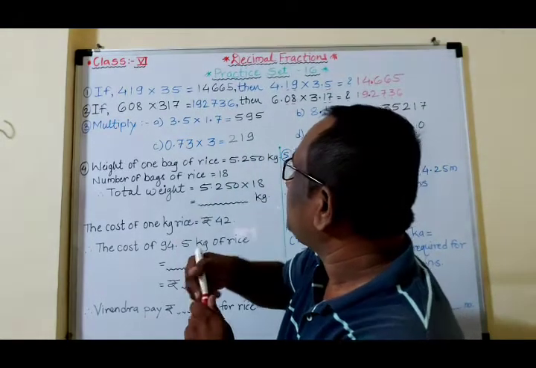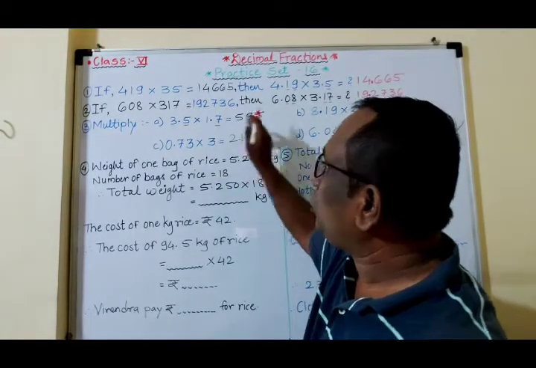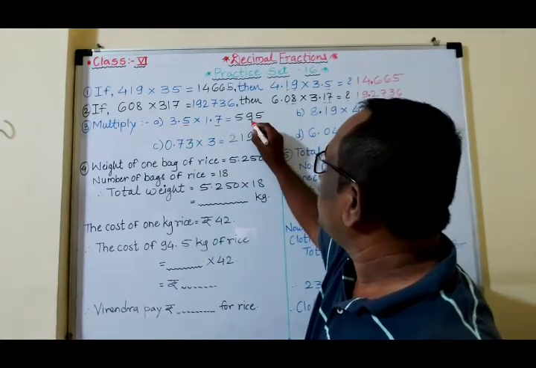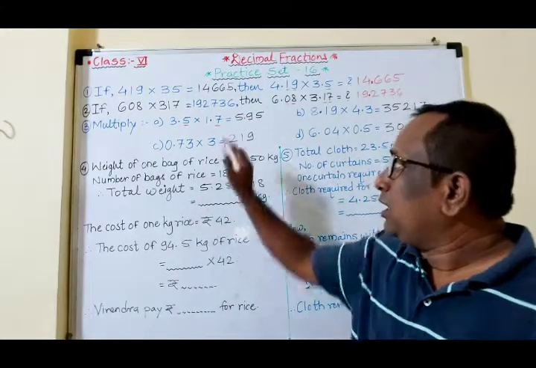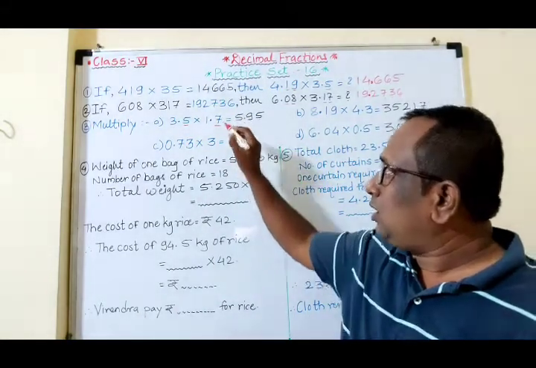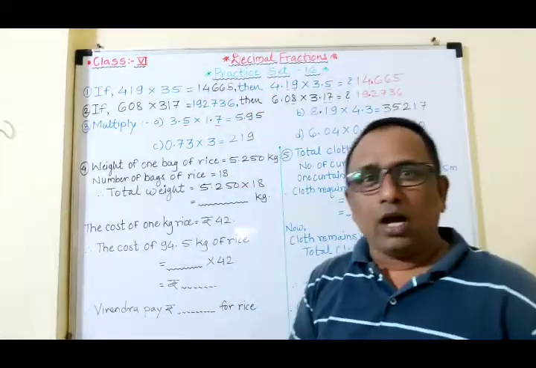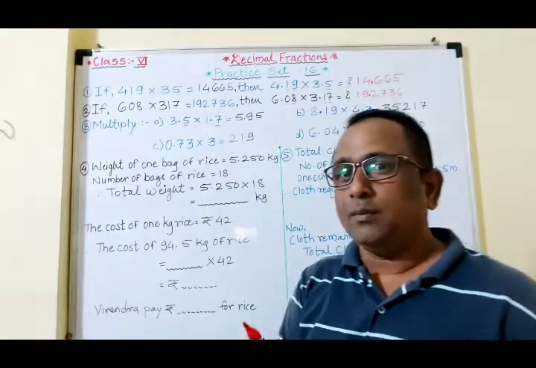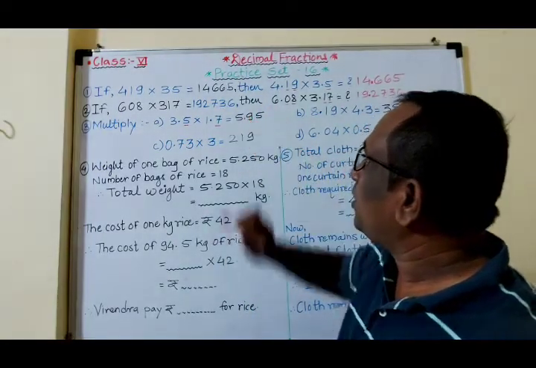So 1 and 1. So from the unit place we have to leave 2 places, 1, 2, and then we have to put the decimal point. Here students, I did not solve the example and gave the answer directly, because this is very important. I know you can do multiplication easily, but here we have to give the decimal point properly.